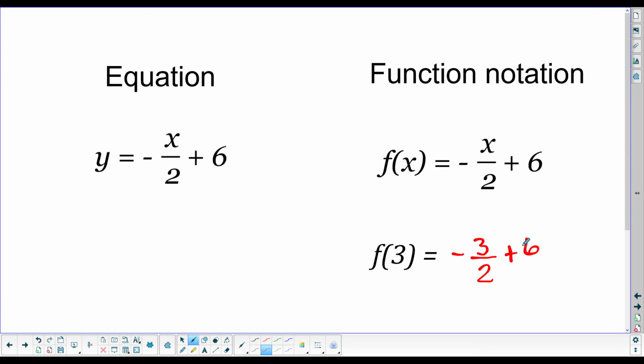So that's 6 minus 1.5, which is 4.5, or 9 halves. So here I would say f of 3 is equal to 9 halves.